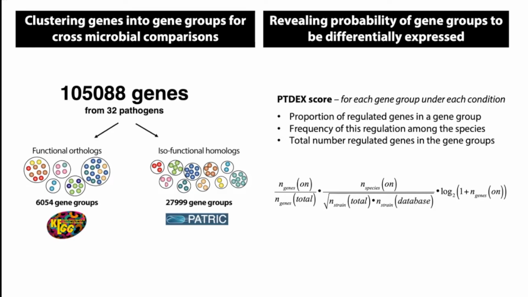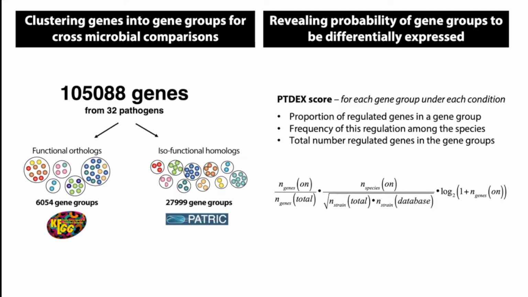That ended up with an equation that you see here. We compared this equation with a well-described statistical test, such as the hypergeometric test used for gene enrichment studies, and we saw that ours performed much better.